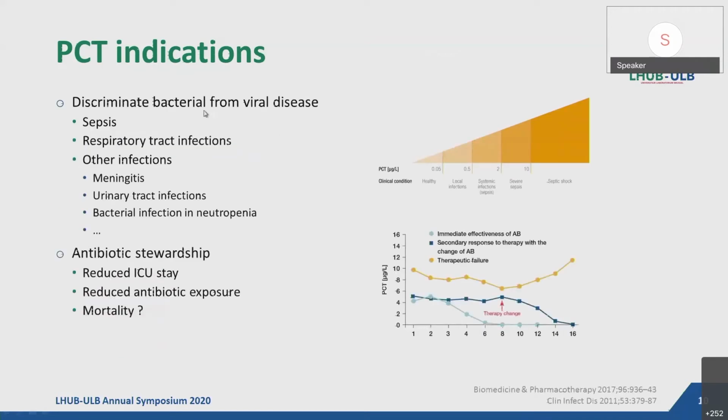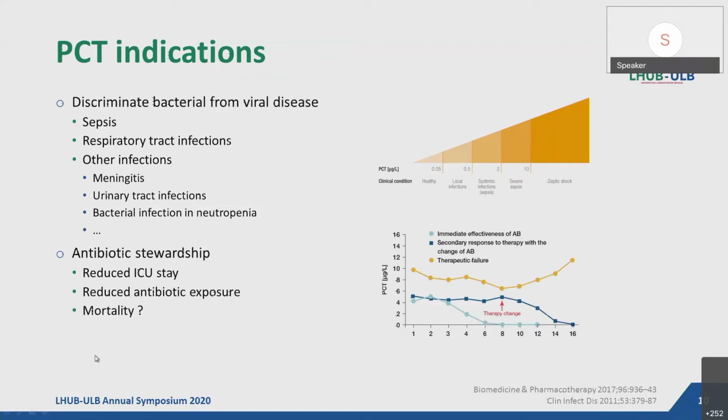Well, it's firstly mainly to discriminate between bacterial and viral disease, mainly in lower respiratory tract infections and other infections, and also for sepsis, with a correlation between levels and the severity. Of course, that can be discussed because in some cases, as you will see, when inflammation is too high, in severe sepsis, for example, non-specificity may appear.